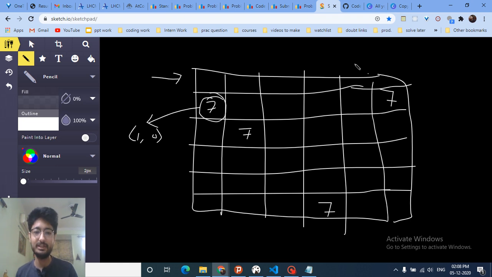Whenever I find that 7 is there, I compare it with the values I have till now. Because I have 7 at this position, I will mark this as the minimum row position of 7, because there is no 7 before it. This is the maximum row position for 7. This is the minimum column position of 7, and this is the maximum column position for 7.